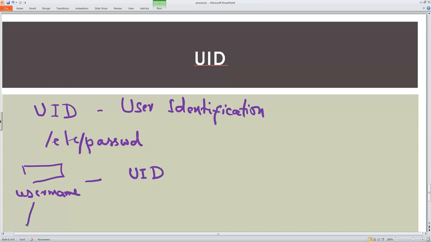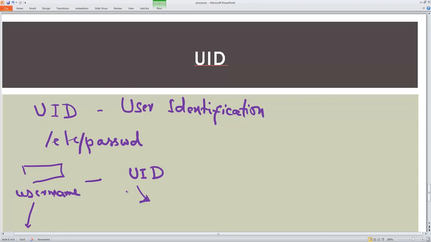So for humans we require a username, but as far as the file system and the software are concerned, they will use this. Most operations require the UID to work with. So the UID actually identifies the user to the system.